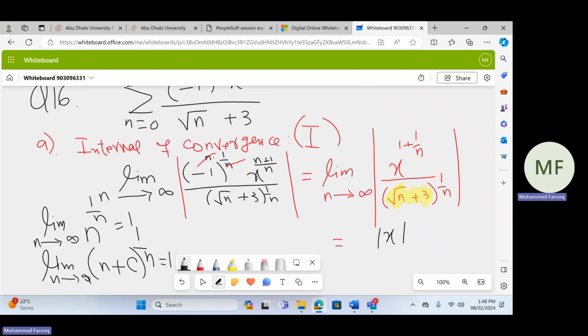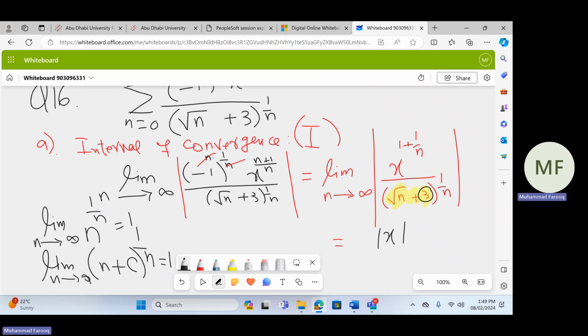Even with any constant, we accept it under the power of 1 by n. Because this is the denominator, we take the nth root of the complete denominator.